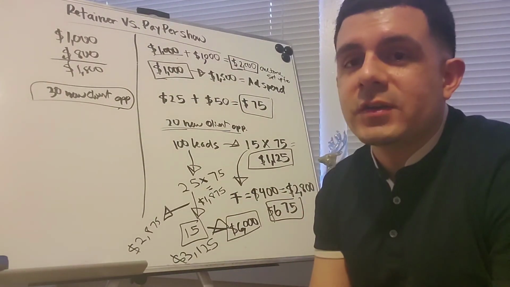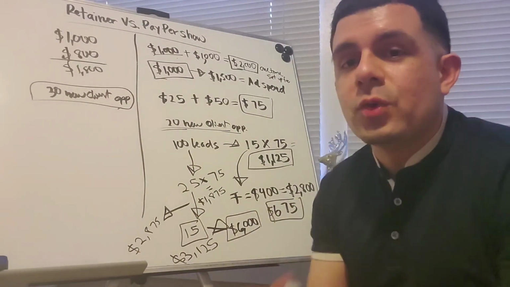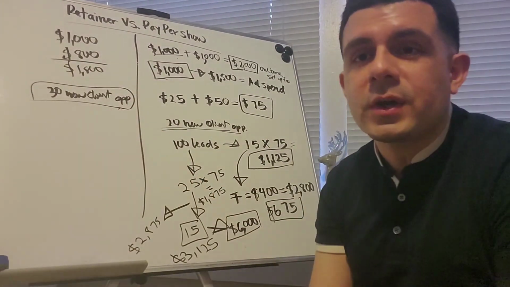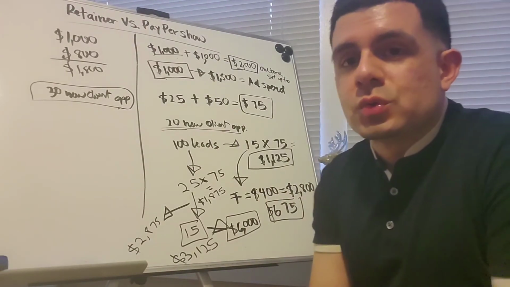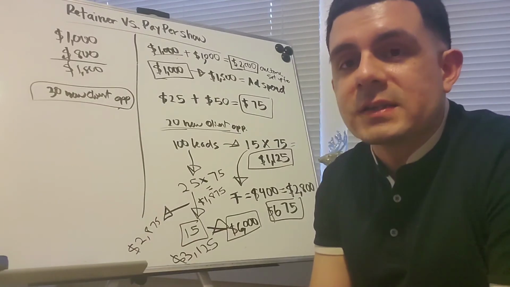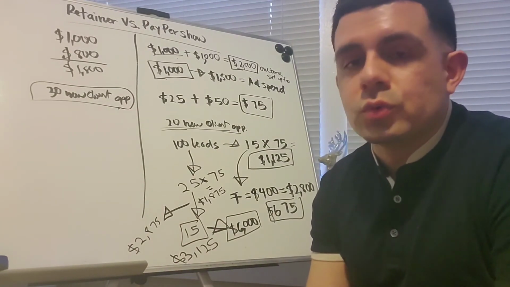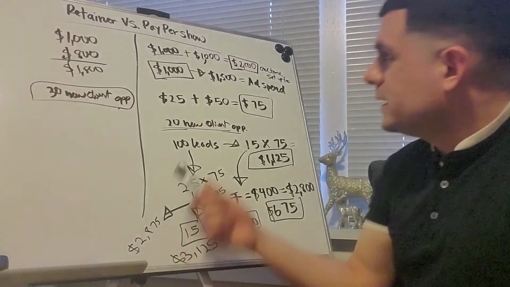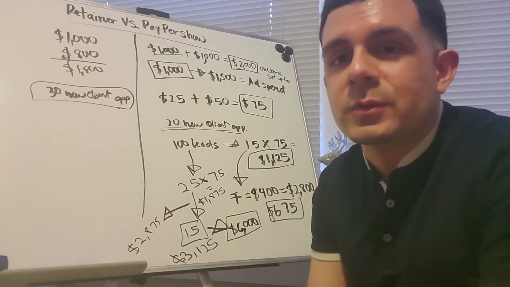So this is why I definitely recommend, if you're just starting off, do the retainer model. If you already have some experience and have proven that you're able to generate a consistent amount of leads or appointments for your clients that actually show up in person, through Zoom or a phone call, then definitely transition to the pay per show model.